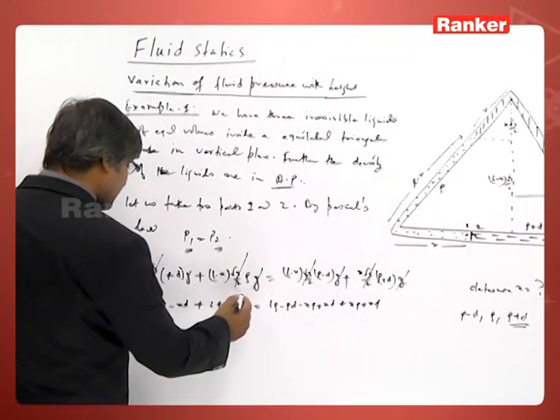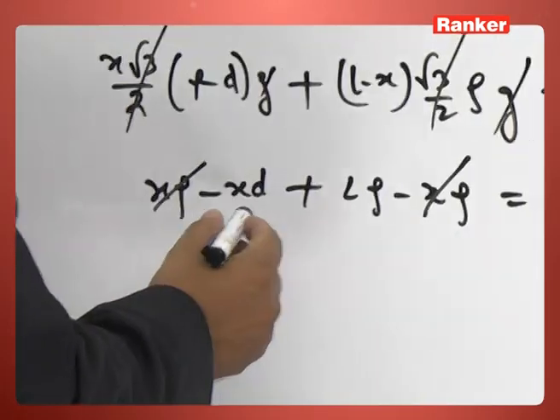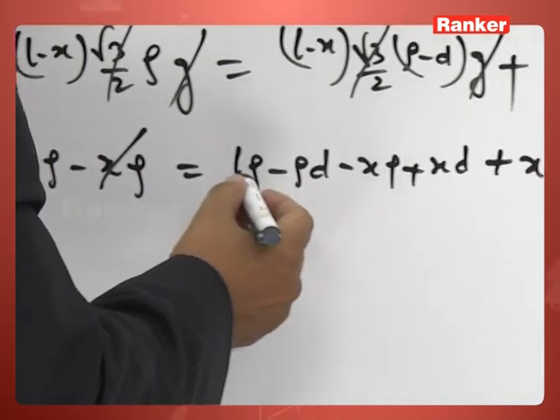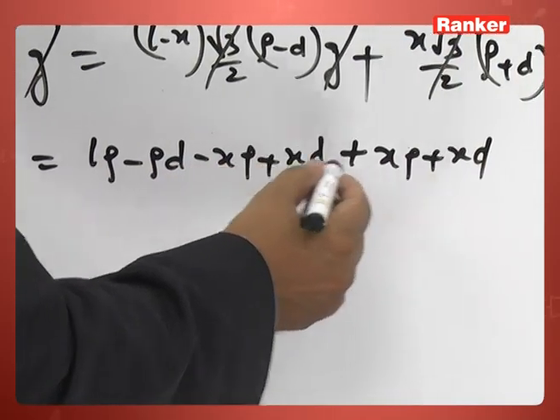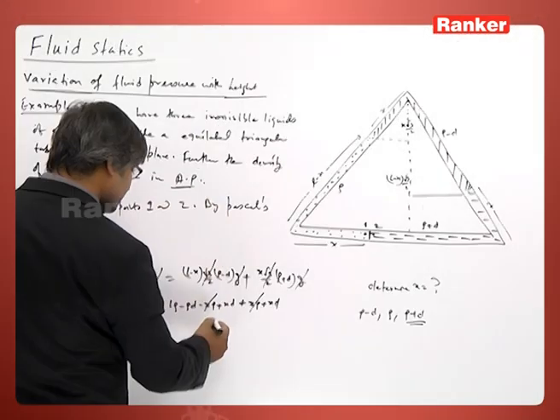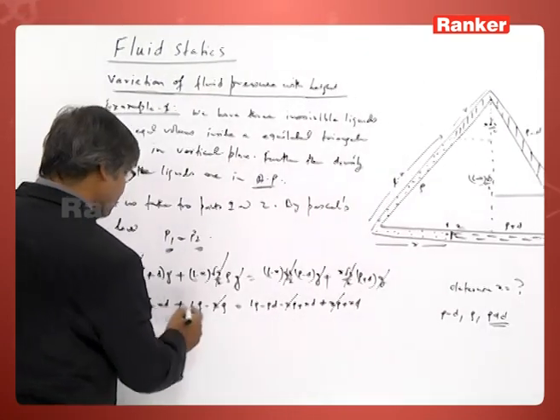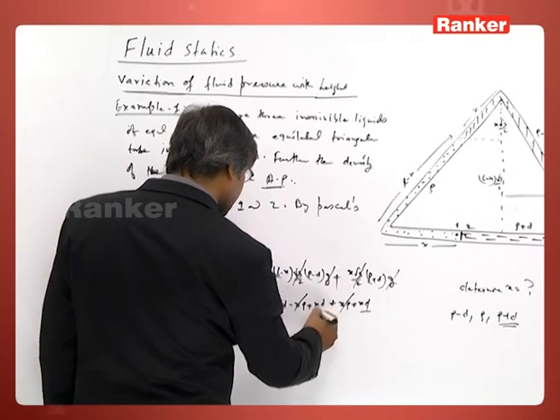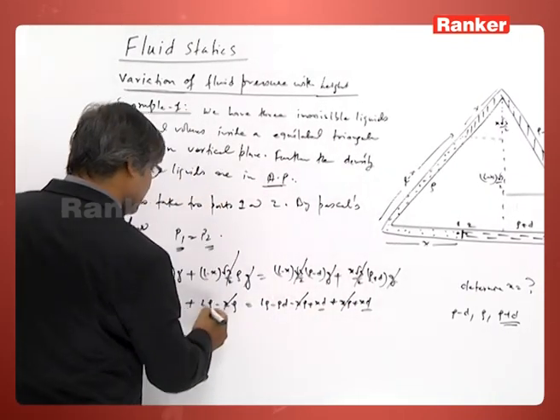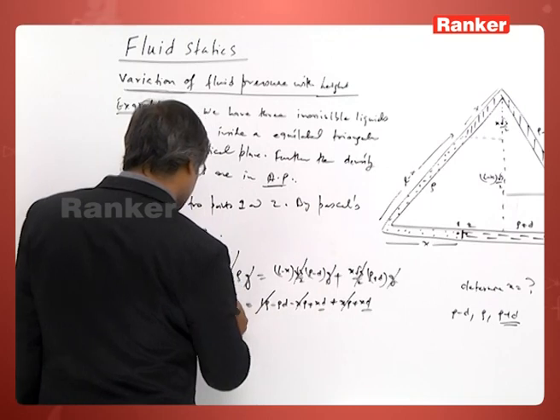So, you see here x rho cancelled, x rho and x rho cancelled, here L rho and L rho cancel.